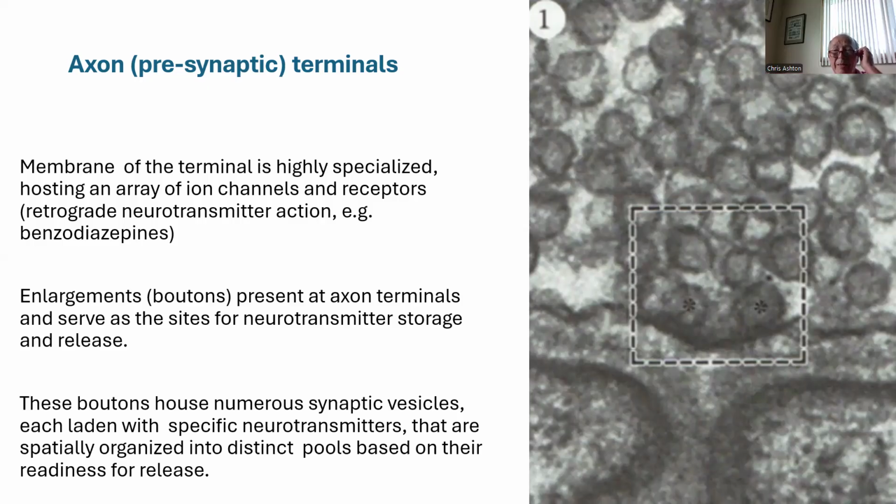There's numerous synaptic vesicles within each presynaptic terminal with specific different types of neurotransmitters that are organized actually into distinct pools, say a dopamine pool, say a GABA pool, so that on stimulation, the excitatory or inhibitory neurotransmitters are released depending upon the input.